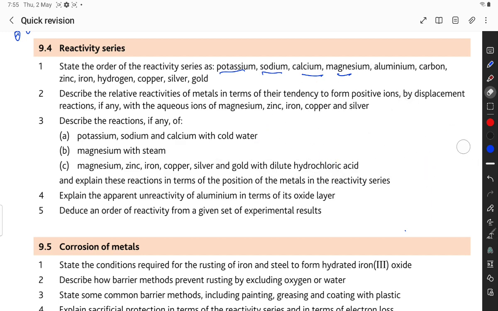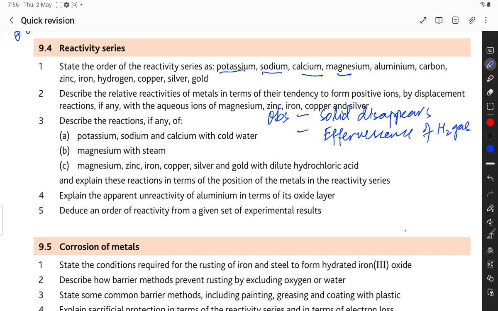The observations of these reactions are: solid disappears, effervescence of hydrogen gas, H2 gas. Magnesium with steam, this reaction is also very important.